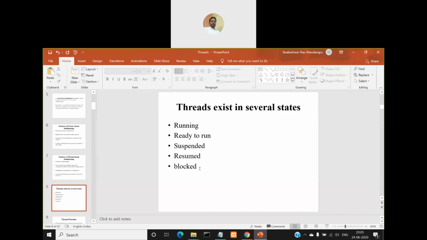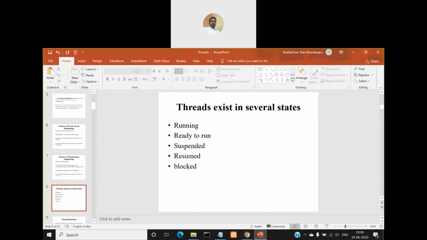So these state names, running state, ready to run state, suspended state, resumed state, blocked state, different people give different names for these states. In some other contexts, some people use a new state for ready to run state. Then running state is exactly the same, suspended state also the same, and blocked state the same. Some people use terminated or dead state.